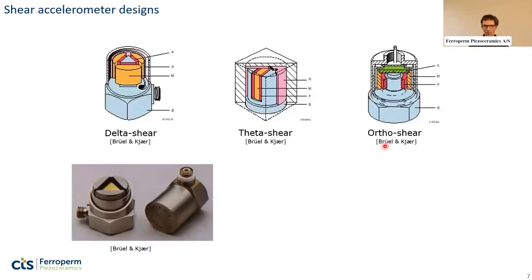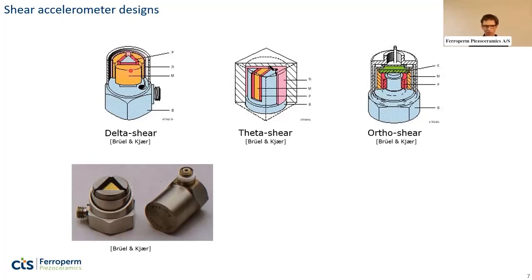I have some examples here of accelerometers. So these are designed by the company Brüel & Kjær. And in this case, it's not pure compression. We use the shear mode. So a famous design of these shear mode accelerometers is the so-called delta shear, where you have 1, 2, 3 plates, shear plates, which are here marked in red. And they are attached to a center rod, which is triangular.